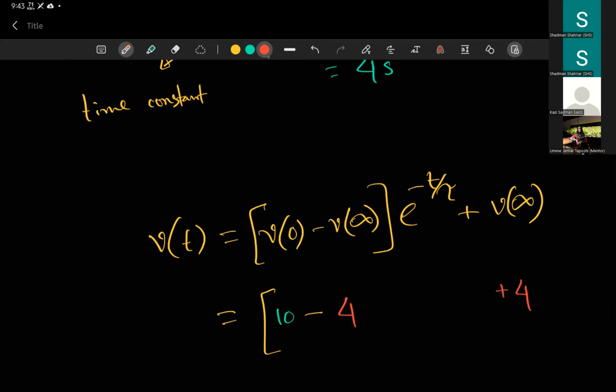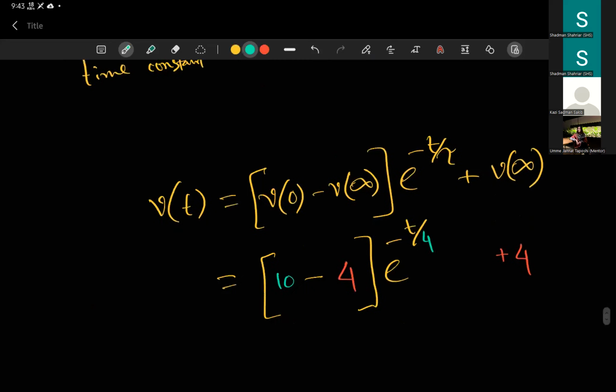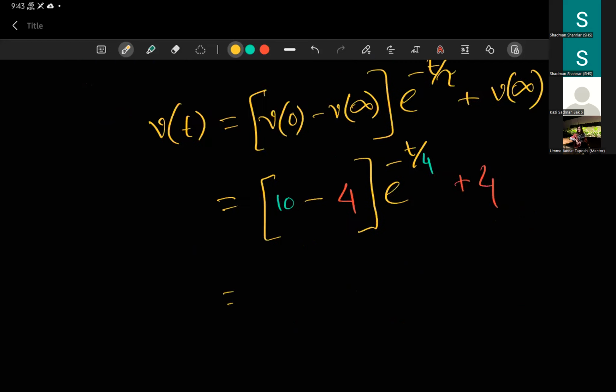The value of tau is 4 seconds. So this is your equation. If you want, you can make it look a bit prettier: 6 e to the power minus 0.25t plus 4, however you want to write it.